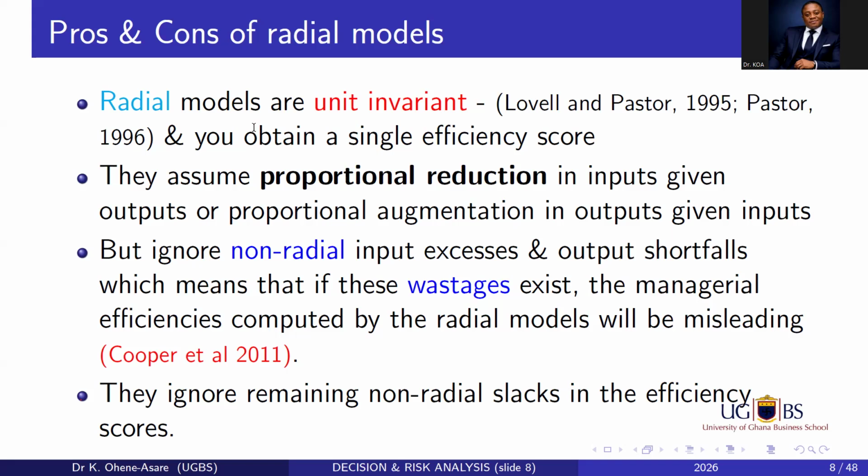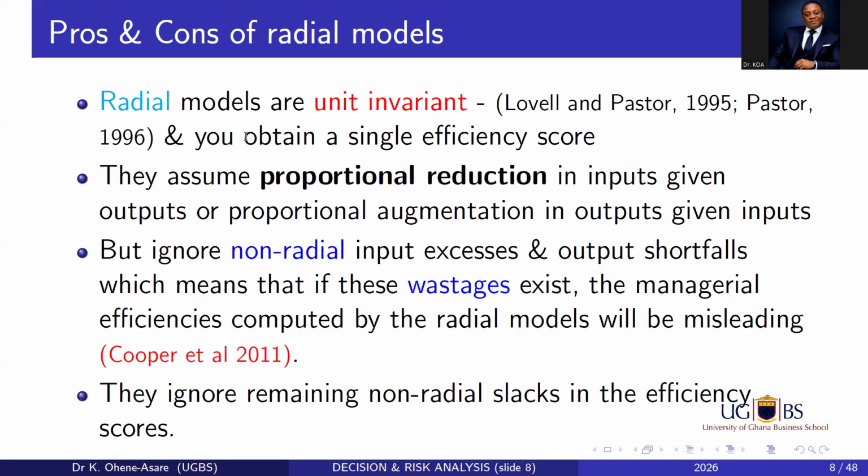Even though they are good, and with a radial model you can also get a single efficiency score, the problem is that they assume proportional reduction in the inputs given the outputs, or proportional augmentation in the outputs given the inputs. They ignore non-radial slacks.